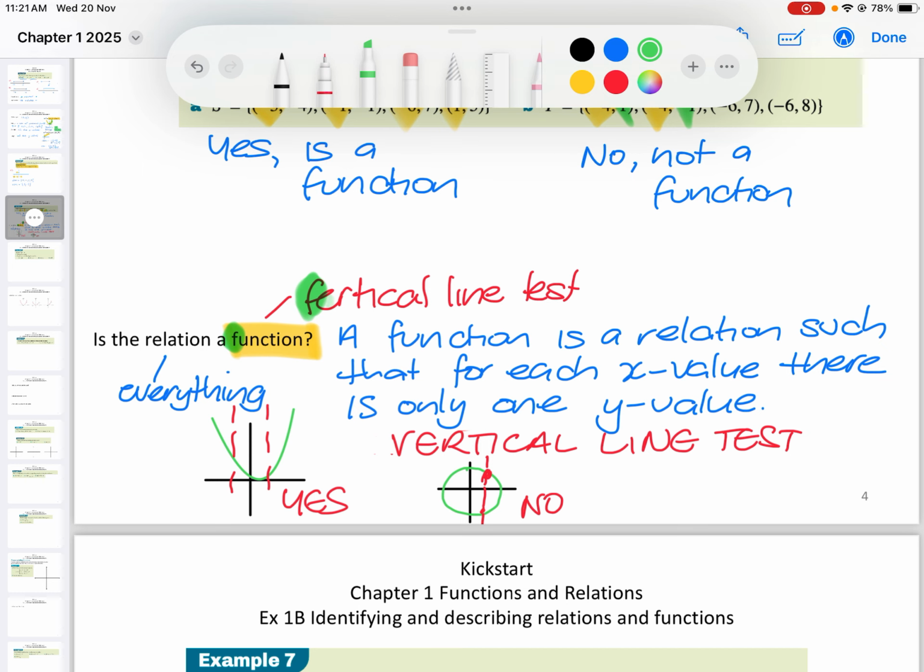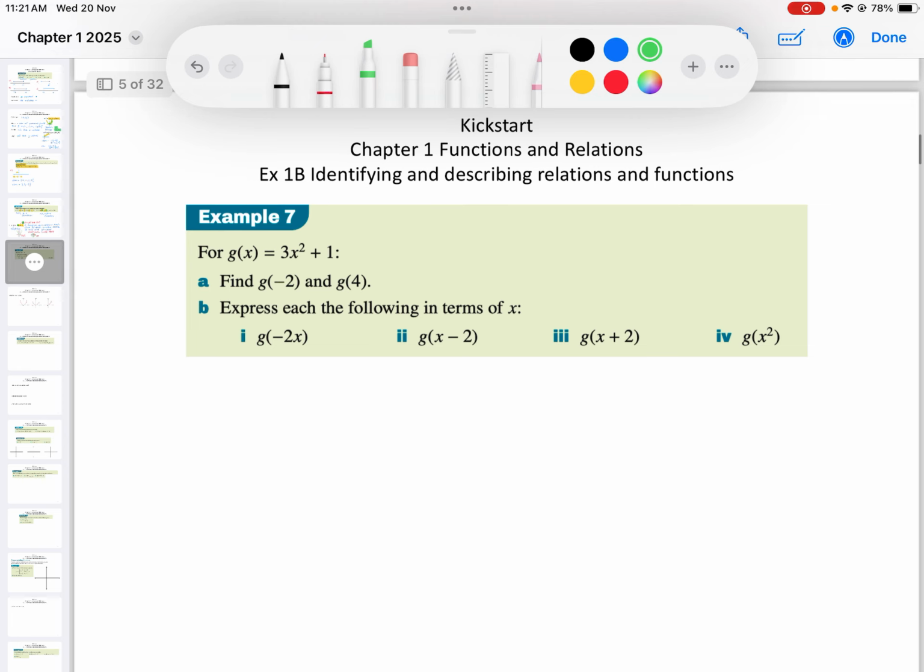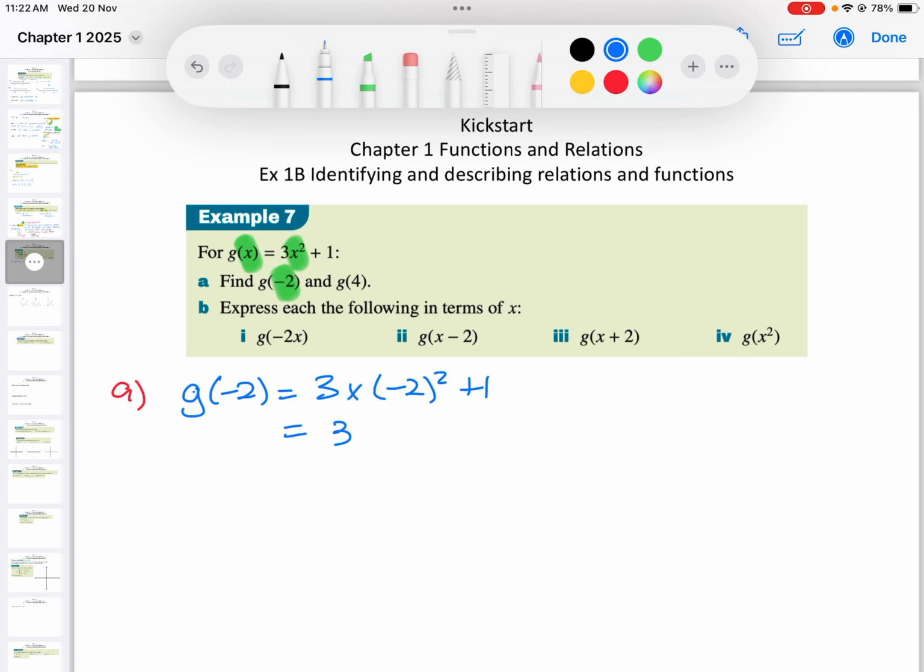All right, let's keep going. Identifying, describe, okay, we're doing the same thing. Find g of -2. Again, it's something we've done this year, just revision. If g of x has an x, then for g of -2, everywhere we see x, we write -2. So g of -2 is 3 times -2 squared plus 1, which is 3 times 4, which is 12, plus 1, 13.